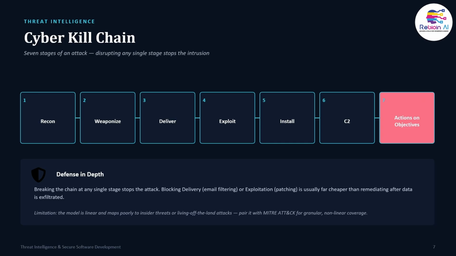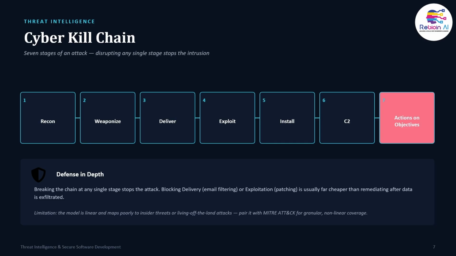Here's the crucial lesson. If the company had stopped the attack at any single stage, for example, if the email filter had caught the phishing email at stage 3, that is delivery, or if their antivirus had blocked the macro at stage 4, that is exploitation, the entire 7-step attack would have failed completely.